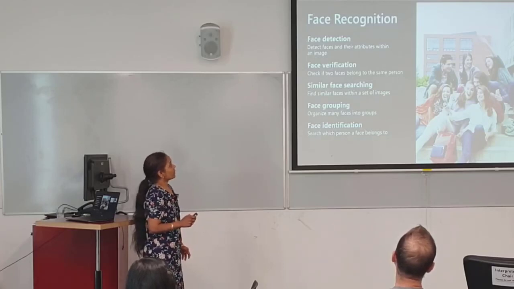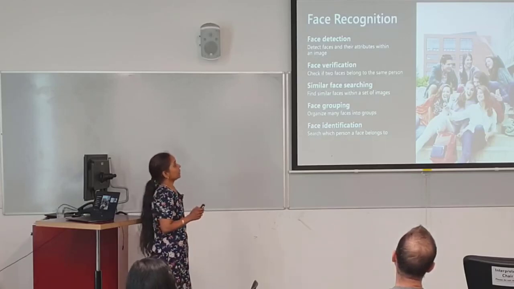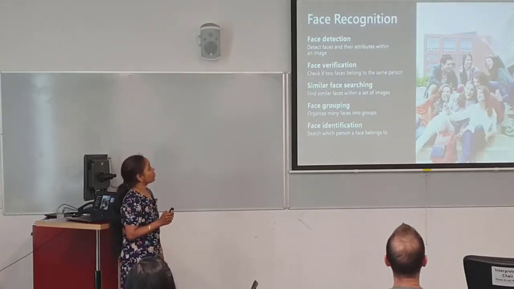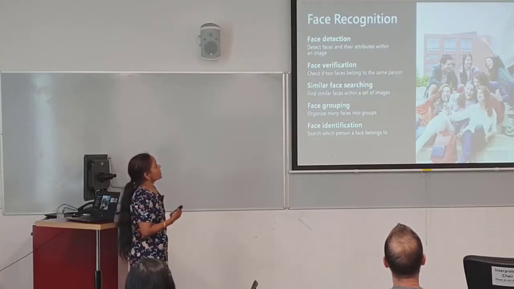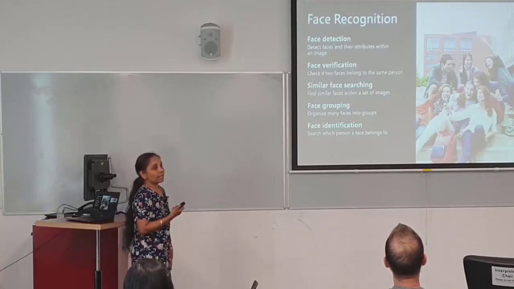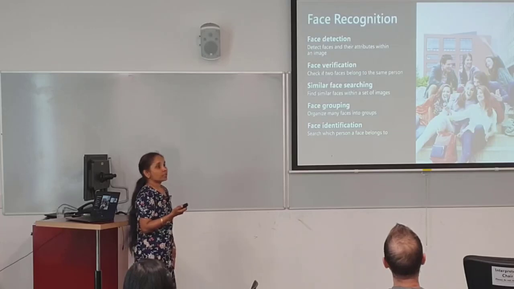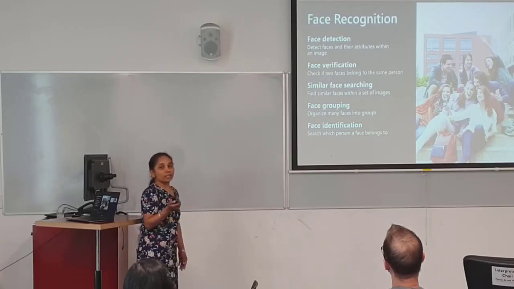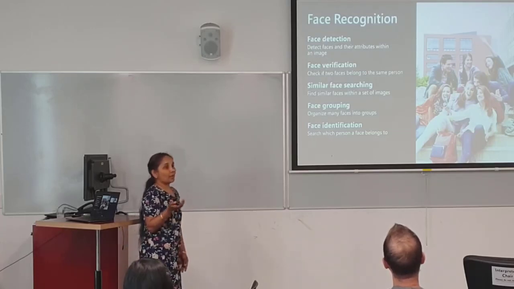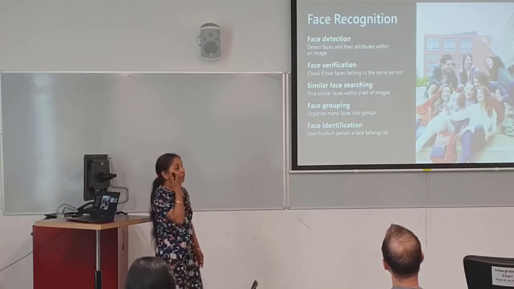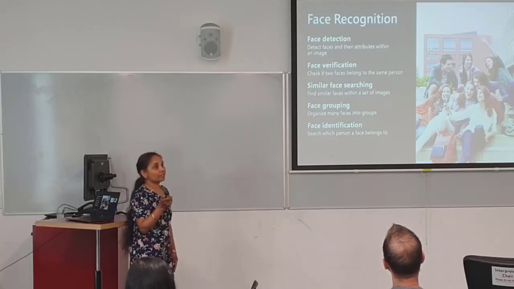So face recognition. What does the face recognition API do? That is offered by Microsoft. Face detection detects faces and their attributes in an image. Attributes can be gender, maybe what color of hair, what color of eyes, those kinds of stuff.